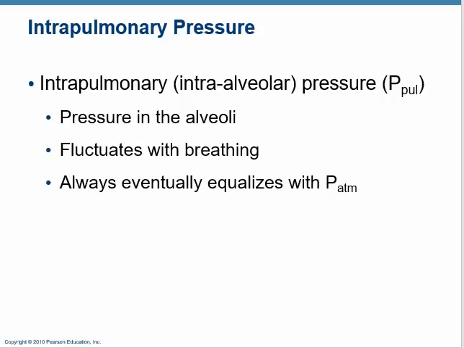But it will always equalize to the atmospheric pressure because it's an open tube. So we'll call the pressure that's within the alveoli the intraalveolar pressure, or the intrapulmonary pressure, and that's capital P, P-U-L, pulmonary. So that's the pressure in the lungs. So air will move depending on whether that is greater or lesser than atmospheric pressure.